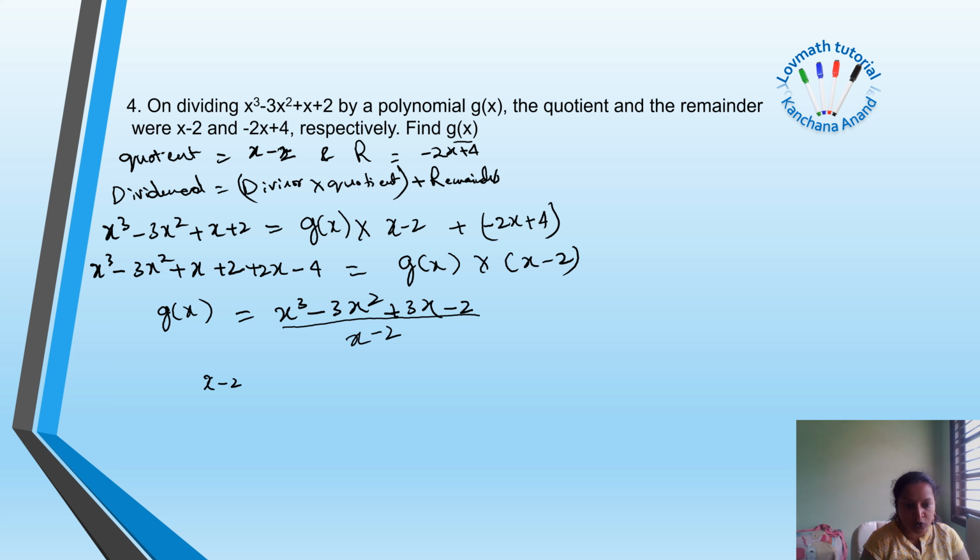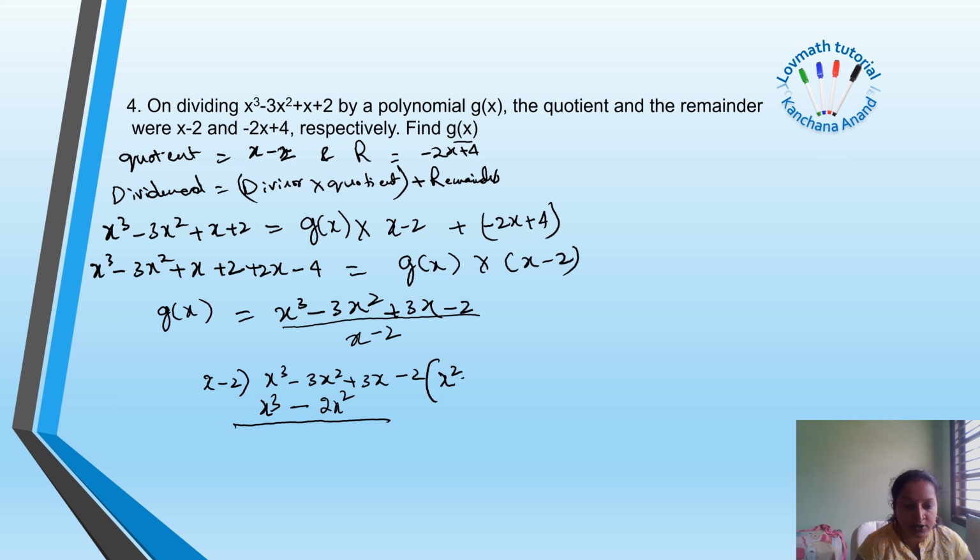x - 2 divided into x^3 - 3x^2 + 3x - 2. To divide the given polynomial by x - 2, we have to multiply x - 2 by x^2. That means x^2 into x is x^3 and -2 into x^2 is -2x^2.